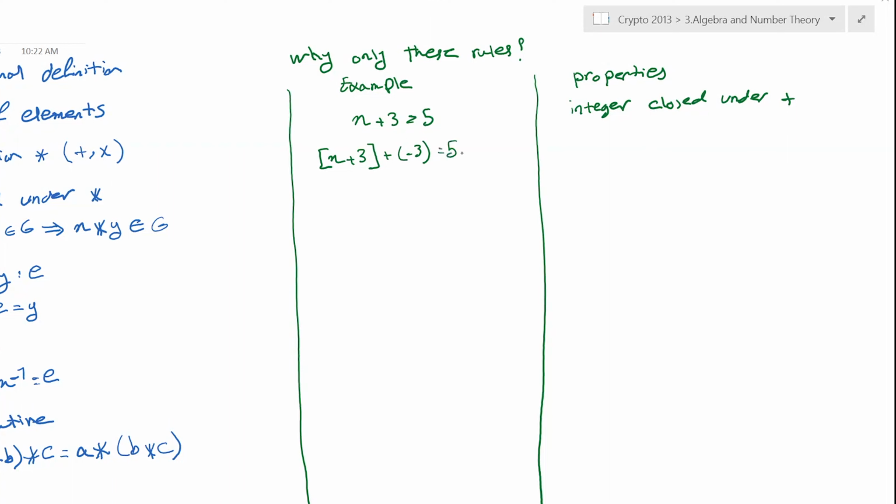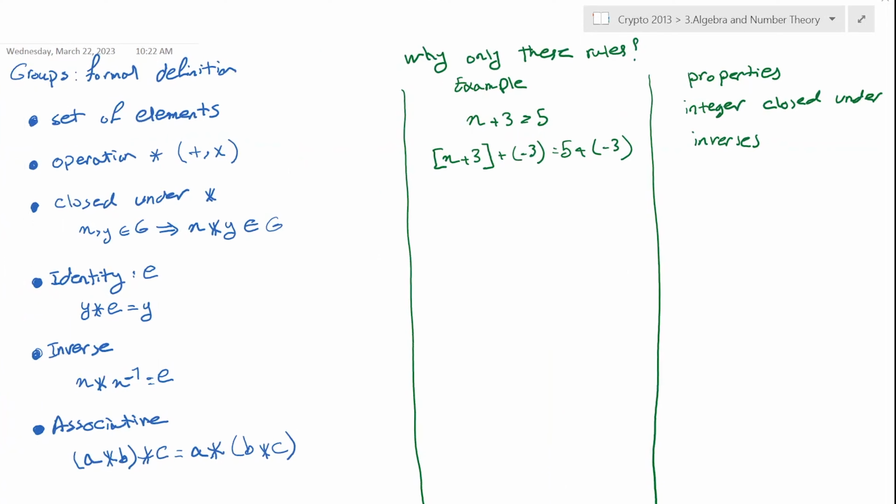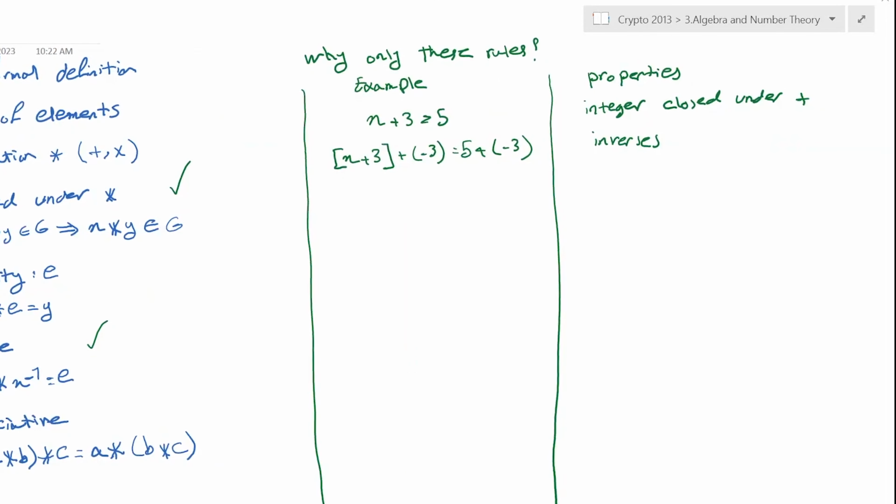So we get 5 plus -3. What we have used is inverses, right? The first thing was that it is closed under operation, and now we are using inverses in order for us to be able to solve this, right?